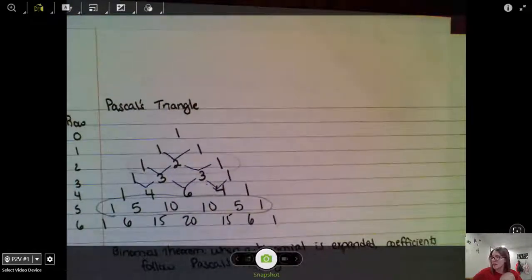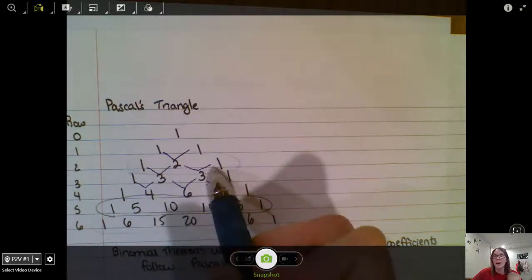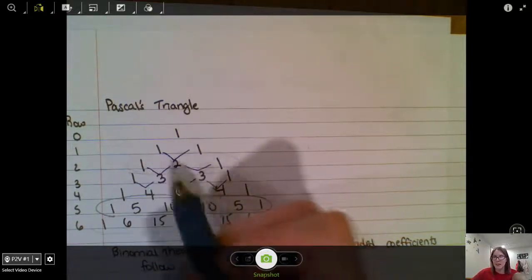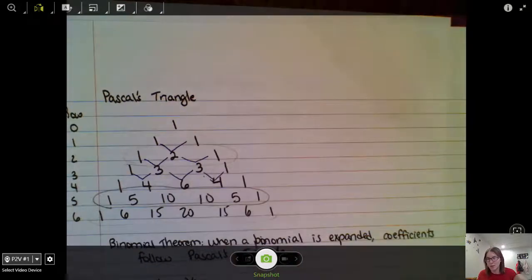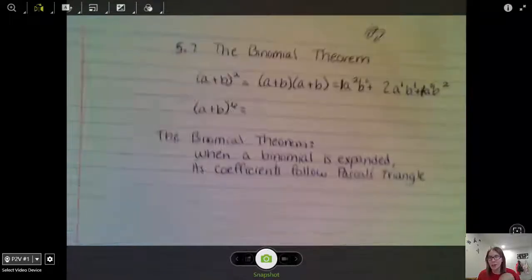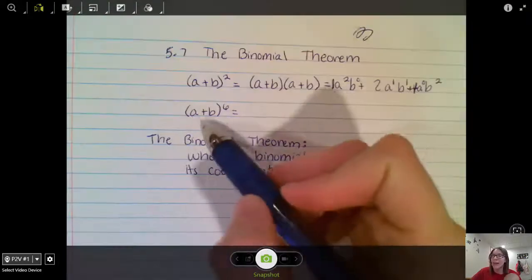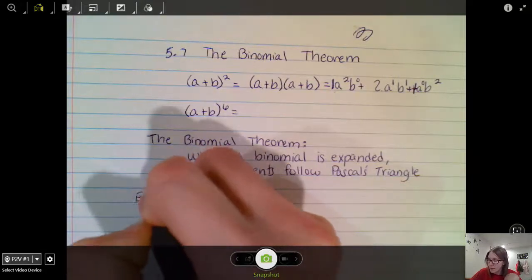Well, let's look at the second row of Pascal's triangle. 1, 2, 1. So my coefficients after I expand a binomial follow the row of Pascal's triangle. That is going to make our life a lot easier when we go to expand a plus b to the 6th power. And we'll do that for our first example here.